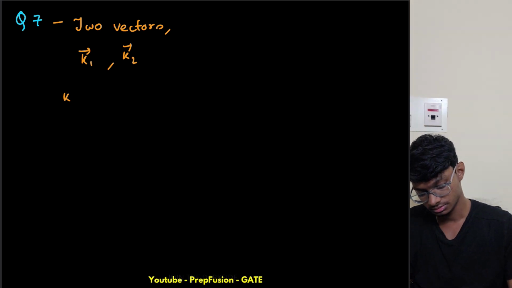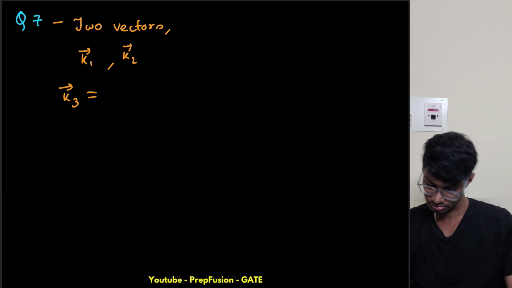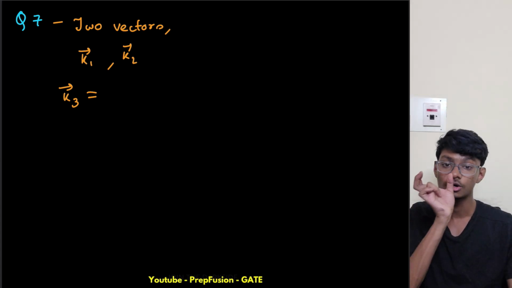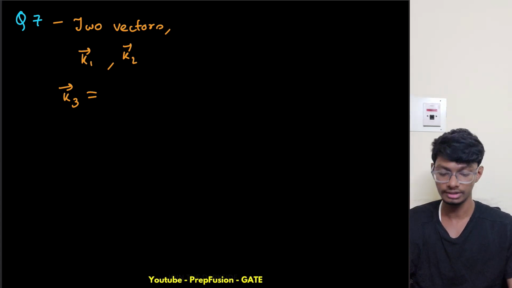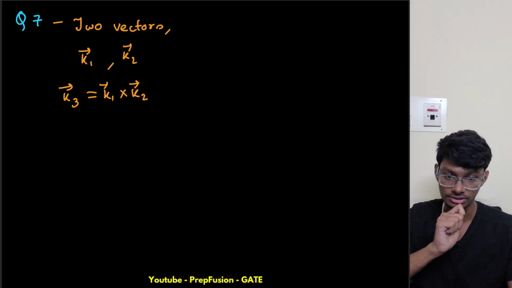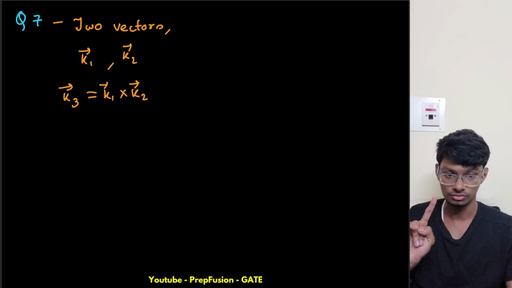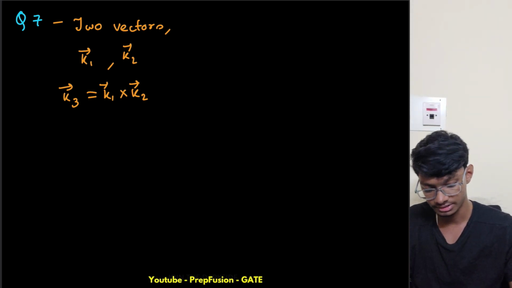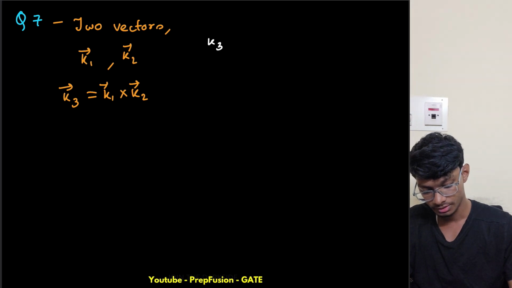The third vector k3 is the cross product of k1 and k2, k1 cross k2. The result we get after the cross product is a non-zero vector.